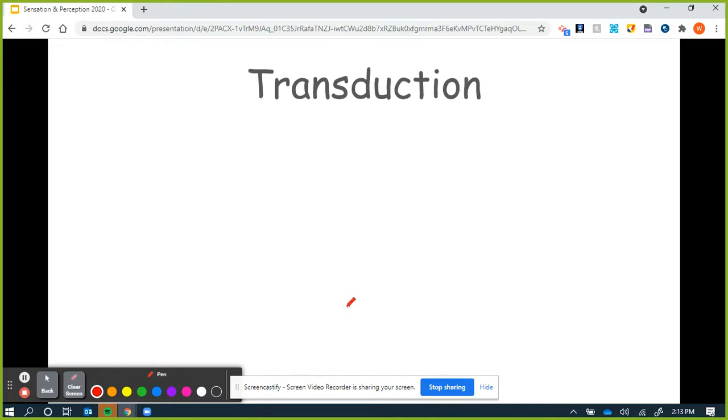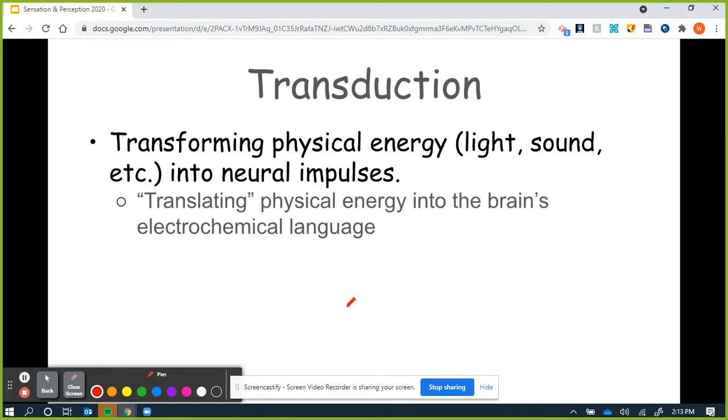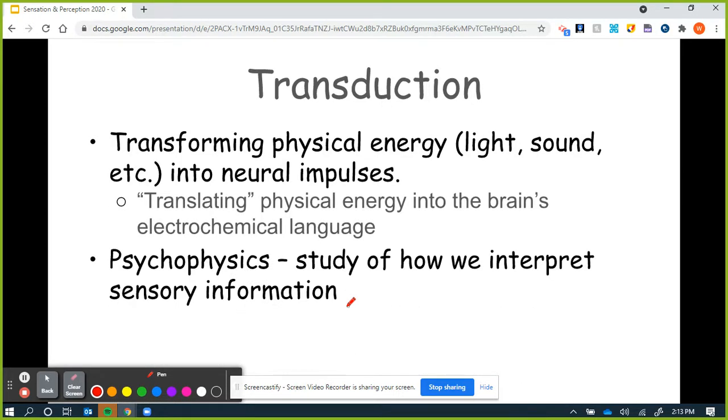So transduction, talking about getting information from sensory receptors, sensory neurons, to interneurons, to the brain. The process of transforming physical energy, okay, such as light waves, into a neural message is called transduction. Okay?